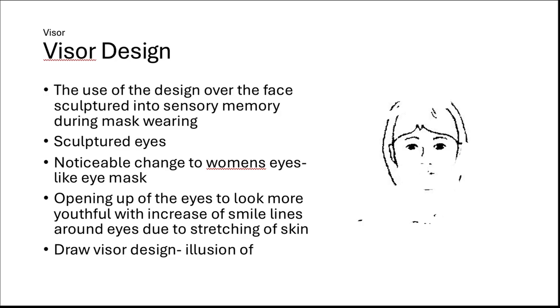The visor design, the use of this design over the face, is sculpted into sensory memory during mask wearing. So what this is saying is that over a period of time, the design produces sensations associated with the knowing that the mask is there.